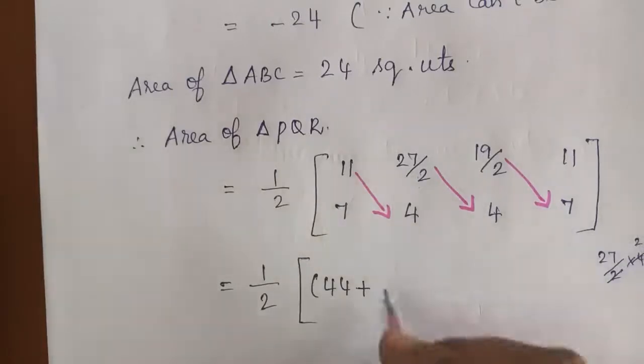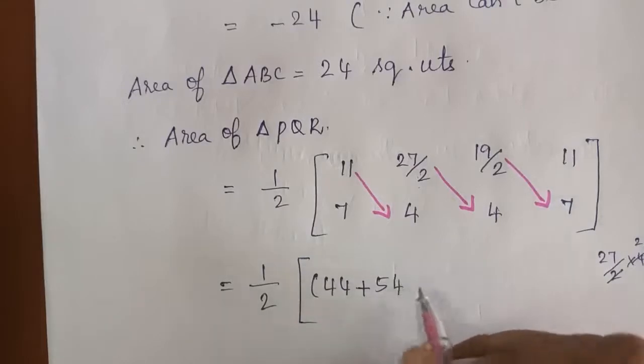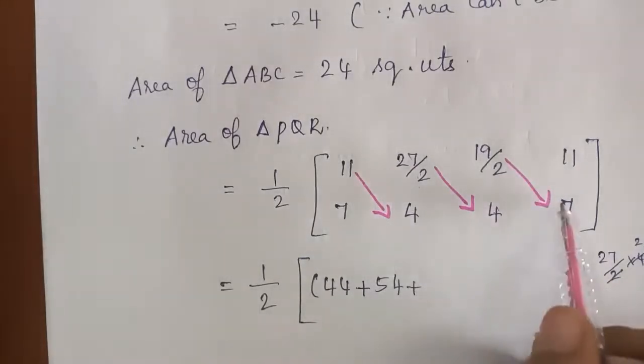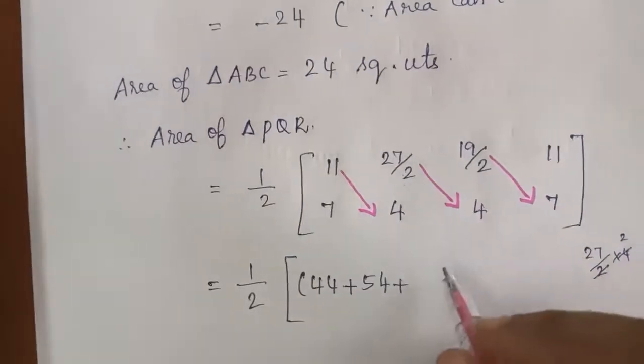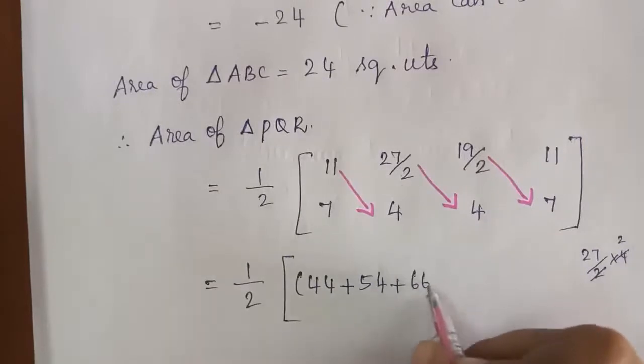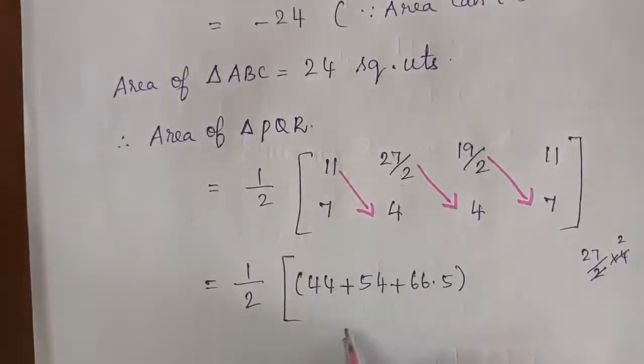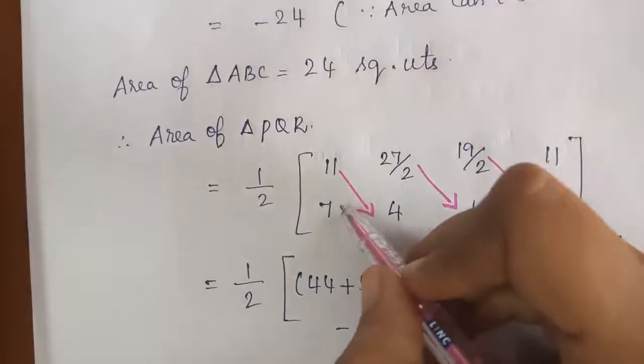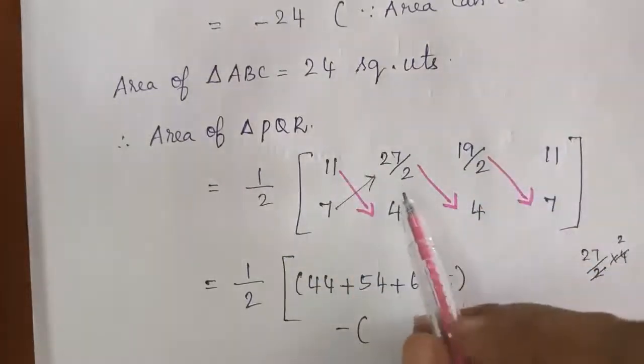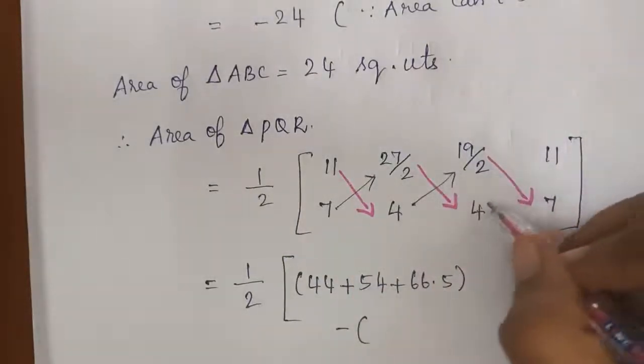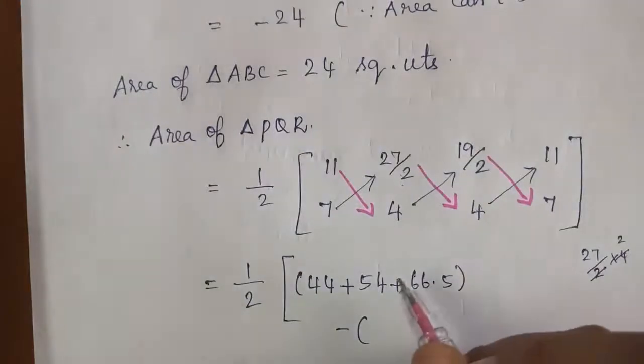So 27 into 2 is 54, plus 19 by 2 into 7 is nothing but 66.5, minus now 7 into 27 by 2, 4 into 19 by 2, 4 into 11.